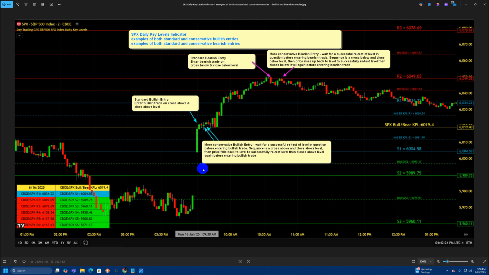Cross above, close above, then retest and close back above, that's your conservative successful retest entry. Your standard stop loss on an S2 level bullish entry is the first midpoint level below S2, which is mid S2, S3, and your tight stop loss level on a bullish trade taken from the S2 level is the QL below S2.